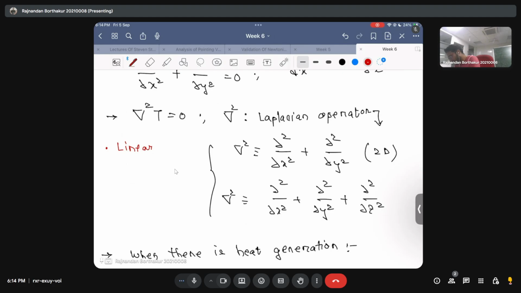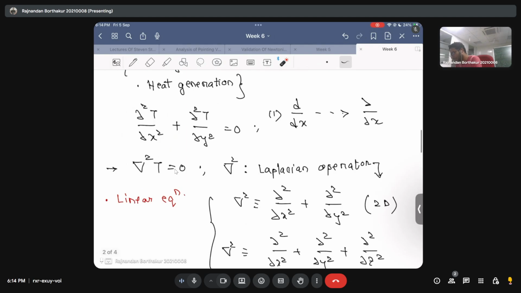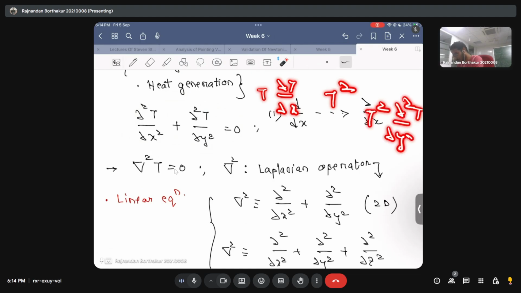The reason why this is a linear equation can be interpreted from the fact that we just have derivatives of temperature appearing here, without the dependent variable or its derivatives being multiplied with one another, or squares of it. For instance, we don't have a term like T del T del x, or a term like T square, or a term like T square times del square T by del y2.